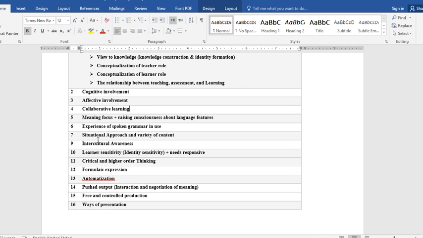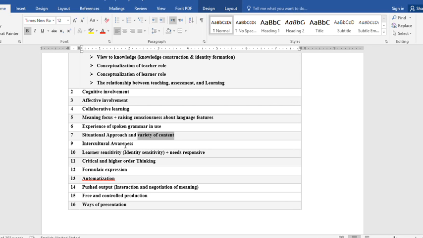Number 7, situational approach and a variety of content. Okay, so when we talk about this one, in the next items I have included other content. In the previous sessions, we talked about other content, about situation. Situation is one of the components of other content.